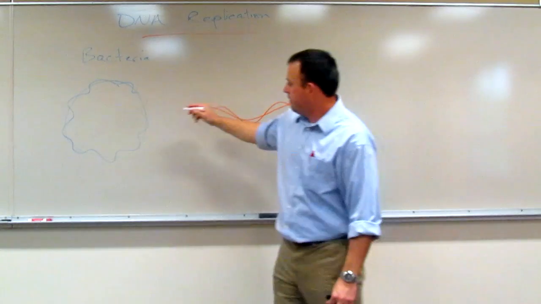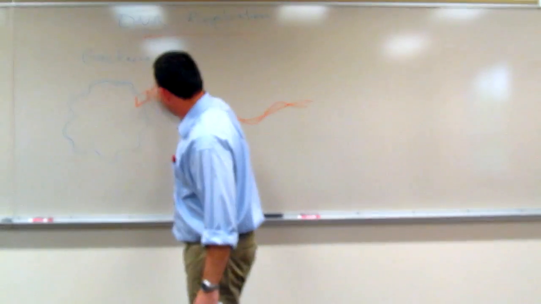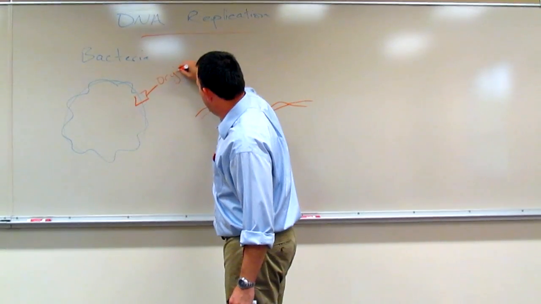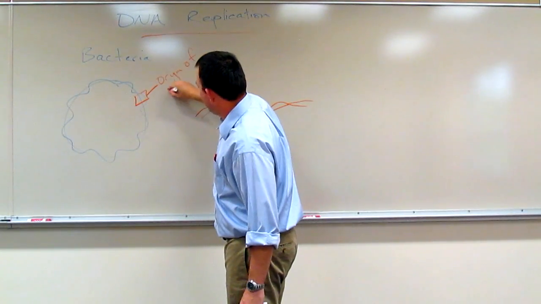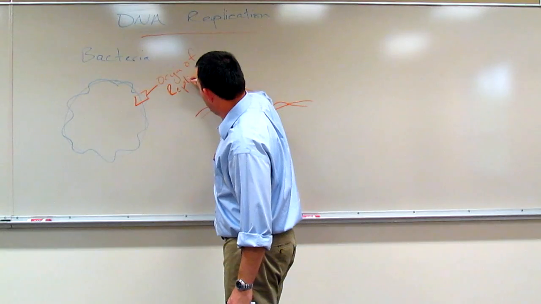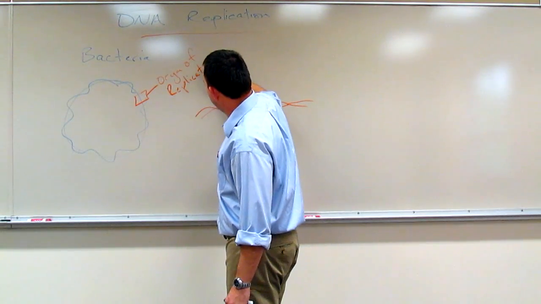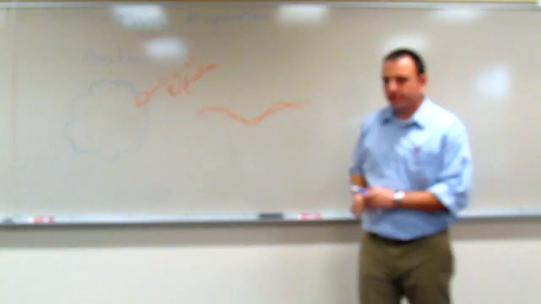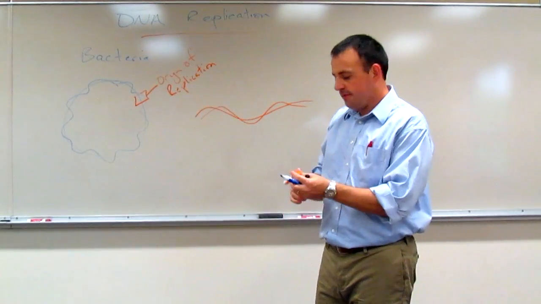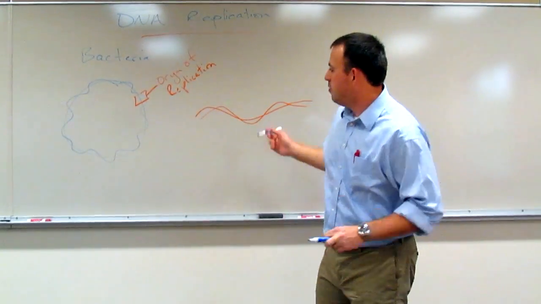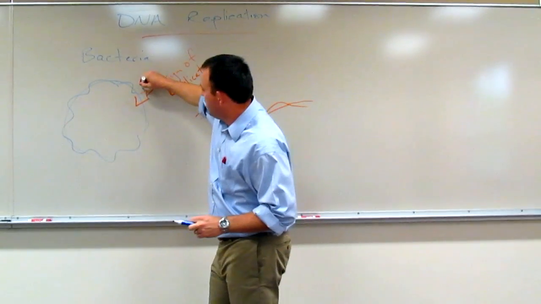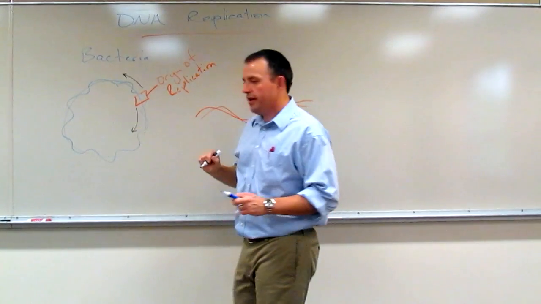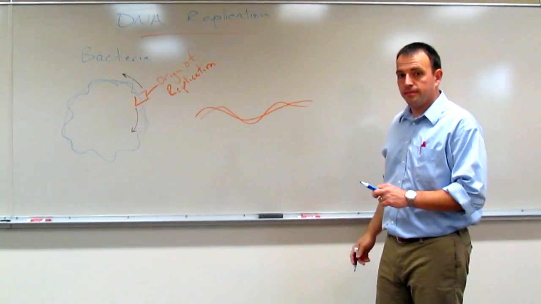This happens at a given place on the bacterial chromosome, called the origin of replication. Since this origin is on the circular chromosome, one origin is enough to replicate DNA moving that way and moving this way, and it will replicate the entire chromosome.